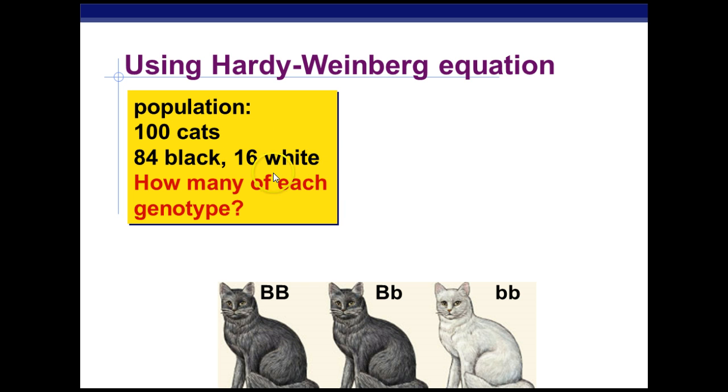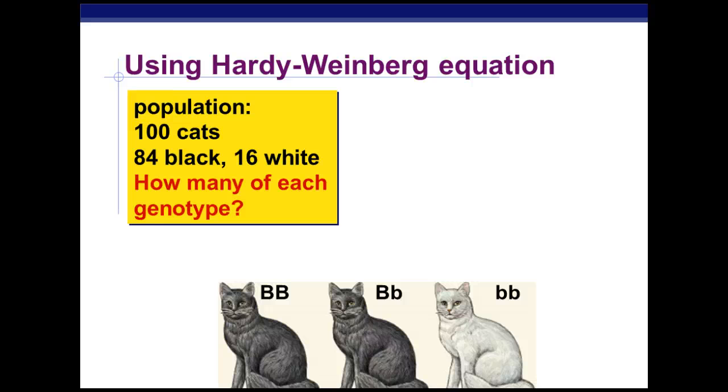We know for sure that their genotype is little b, little b. So 16 out of 100 of these cats have the genotype little b, little b. Remember, phenotype is what they look like, genotype is their allele pairing.